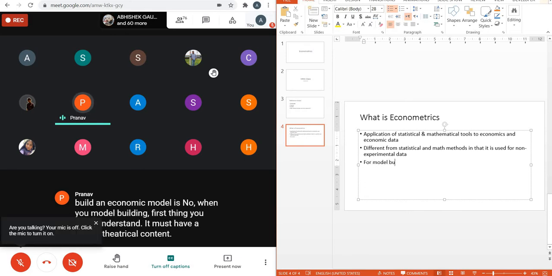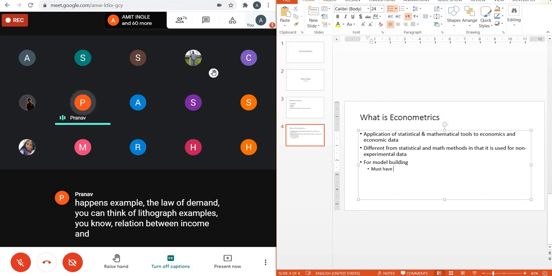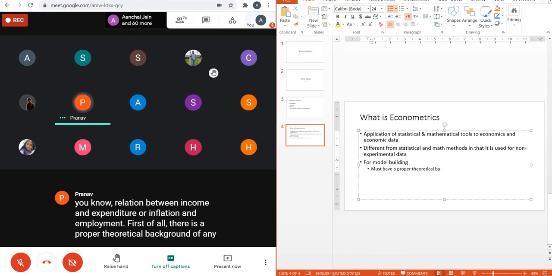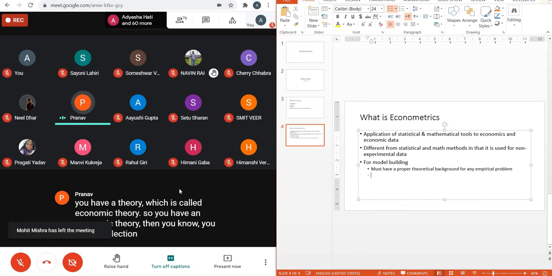Like the example you gave, the law of demand. You can think of plethora of examples: relation between income and expenditure, or inflation and unemployment. First of all, there is a proper theoretical background of any empirical problem. You have a theory, which is called economic theory. Then you go for collection of data.